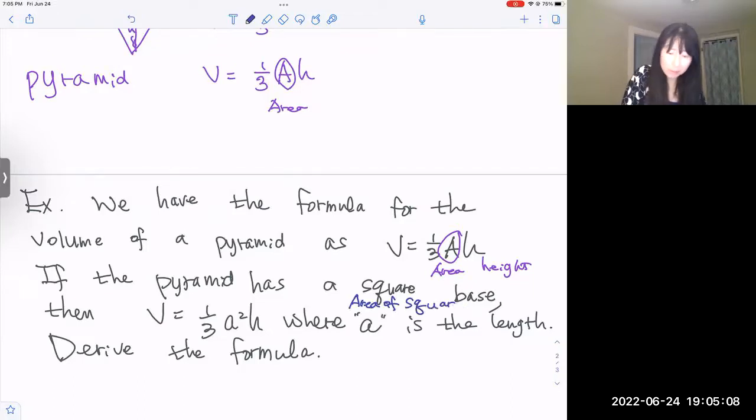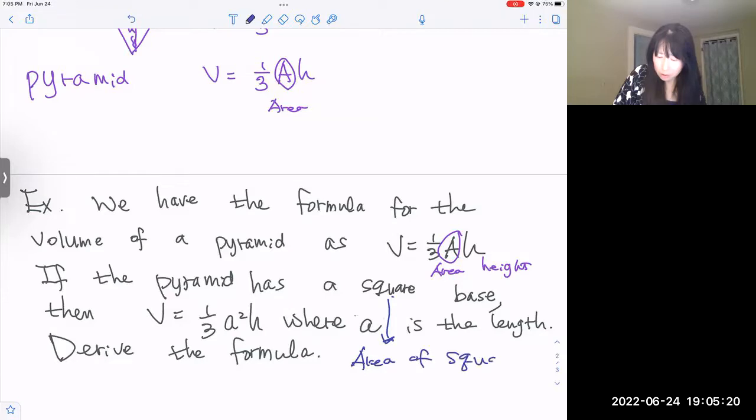Let me see. Okay, I'm going to write this down. Area of a square, then we get side by side, right? So A equal to S times S. S doesn't mean anything, right?